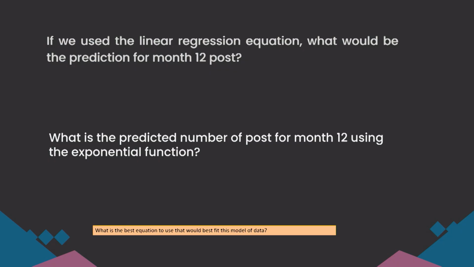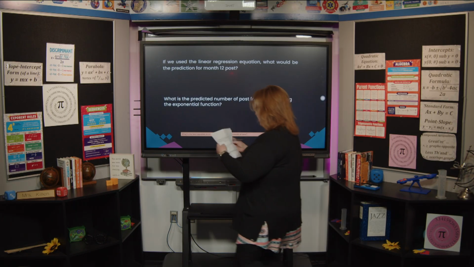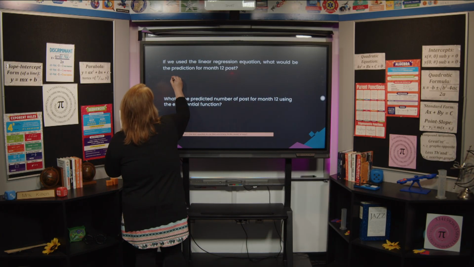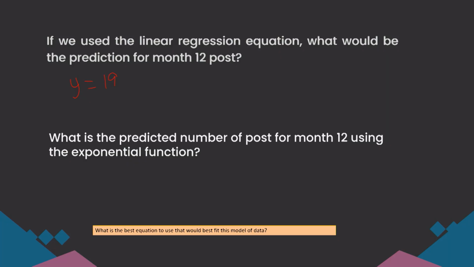All right, so if we use the linear regression equation, what would be the prediction for the 12th month? Obviously we would use y equals 194.788x minus 439.333.